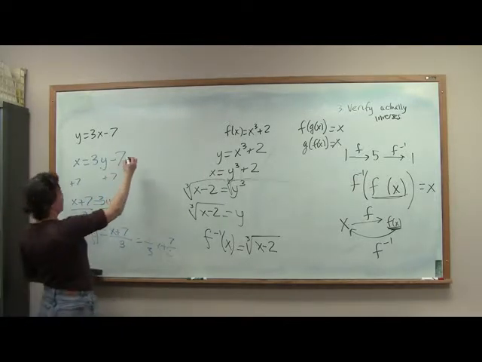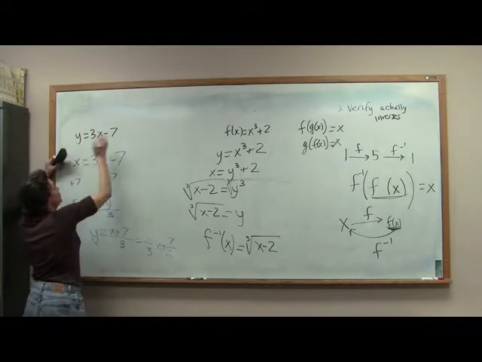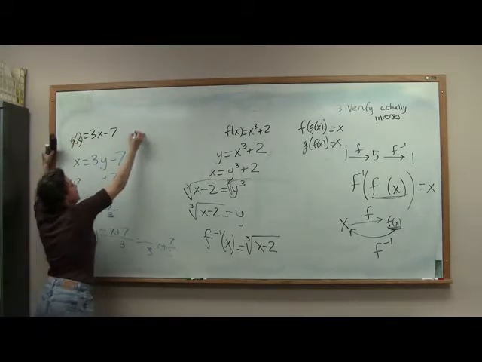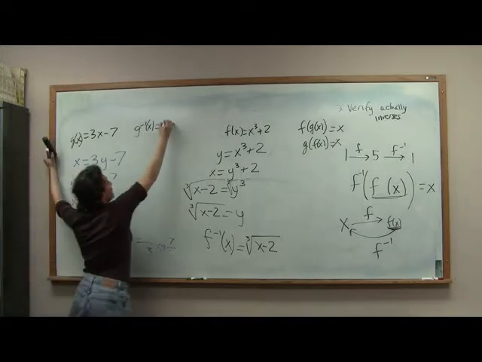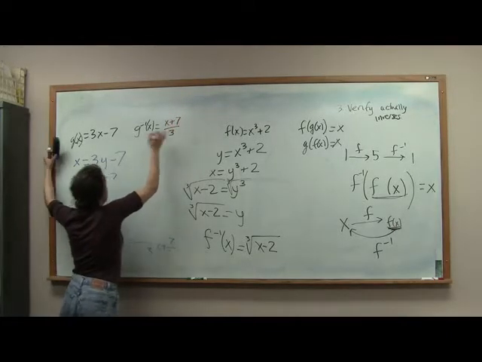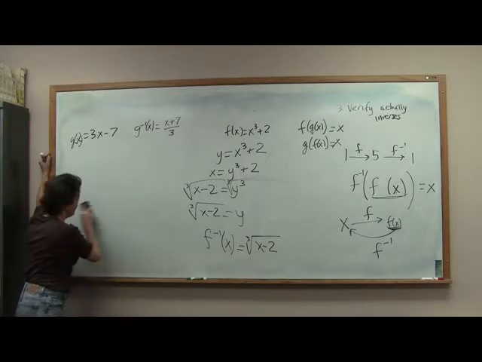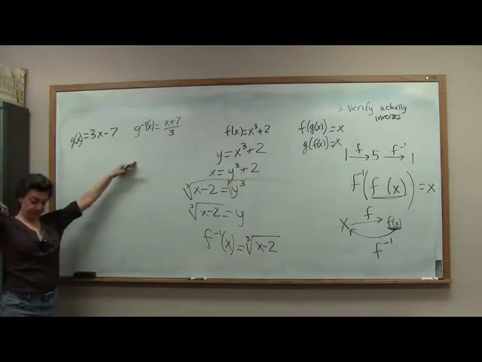So let's actually just take these guys right here. Let's just call this g of x. Didn't we find that g inverse was x plus 7 over 3? Let's verify that these two are inverses of each other.